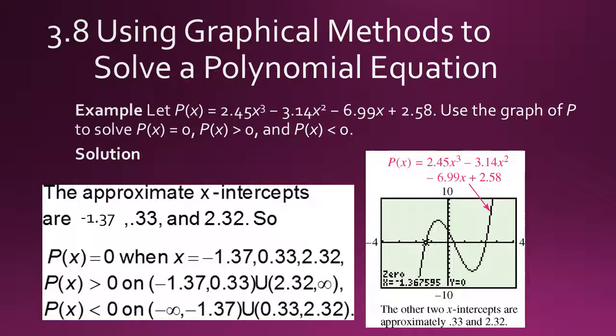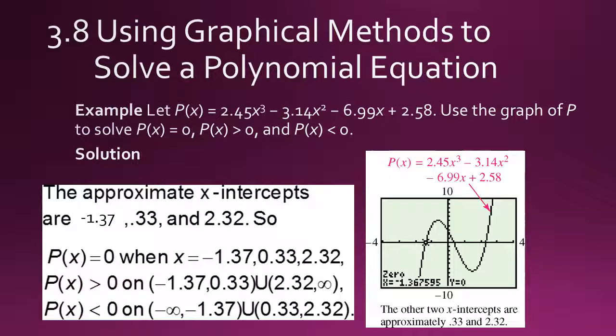Okay, here's our solution. Looking at the graph and using the calc function of calculating zeros on our graphing calculator, we find that the x-intercepts are at approximately negative 1.37, 0.33, and 2.32. So p of x equals 0 at those 3 places.